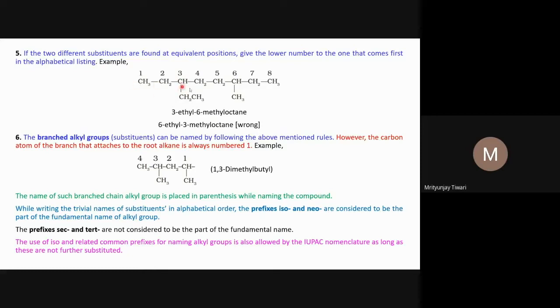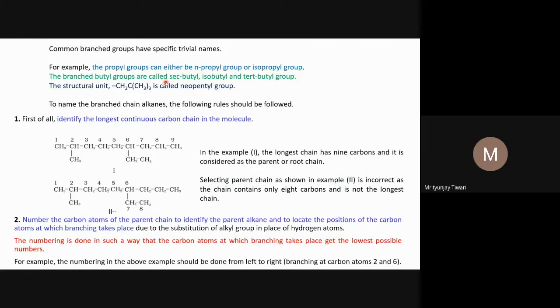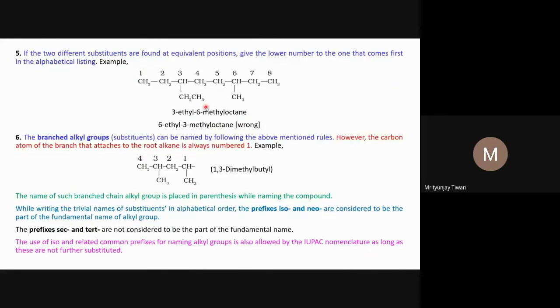What we have seen initially is that the numbering is done in such a way that the carbon atoms at which branching takes place get the lowest possible number. But in this compound, in either direction the branching is at the same positions: third and sixth.